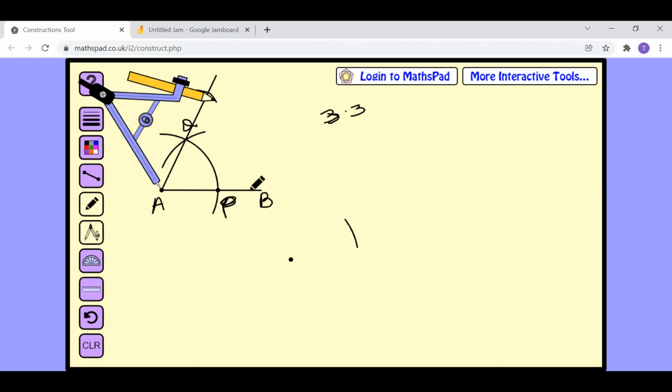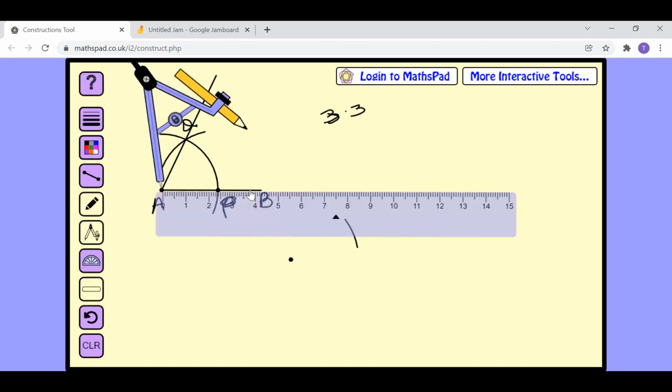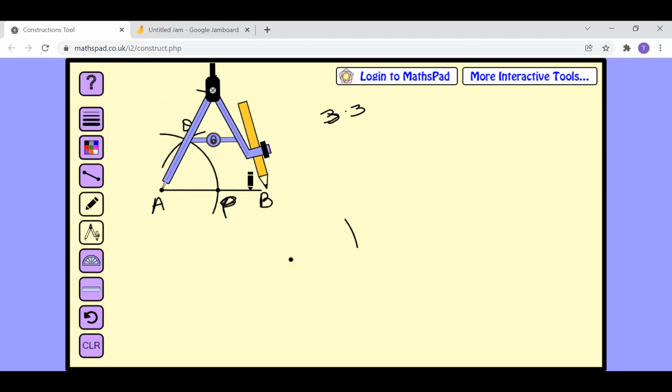How will you make it 3.3 centimeter? Take a scale and open the compass like this for 3.3 centimeter. Reduce it to that size of 3.3 and then put a mark. This mark that you see here, this is our D.